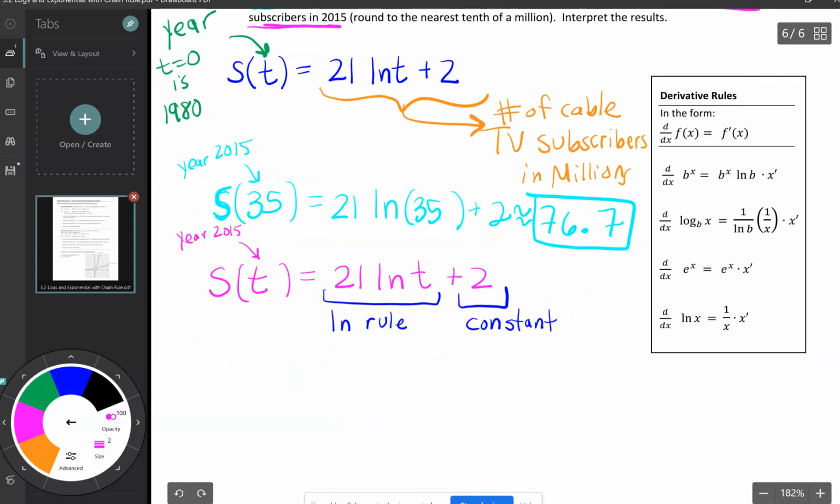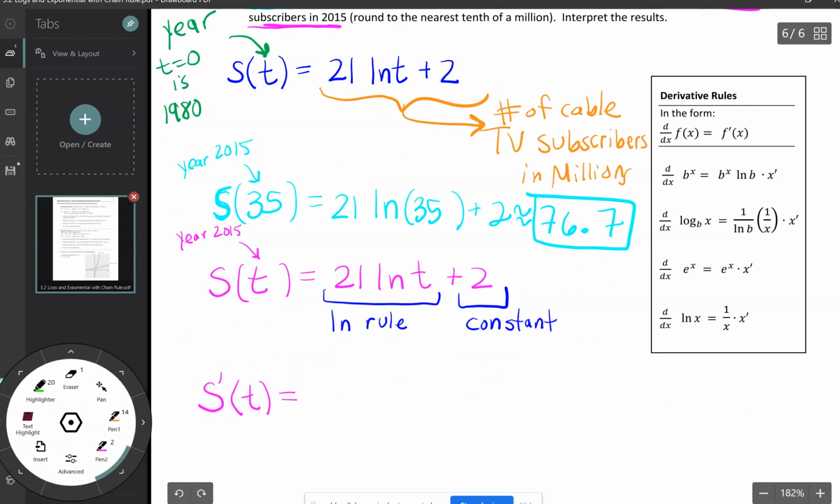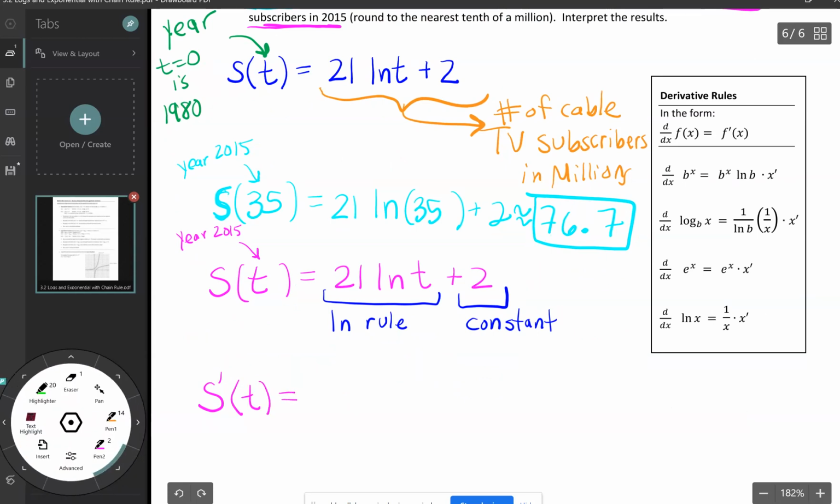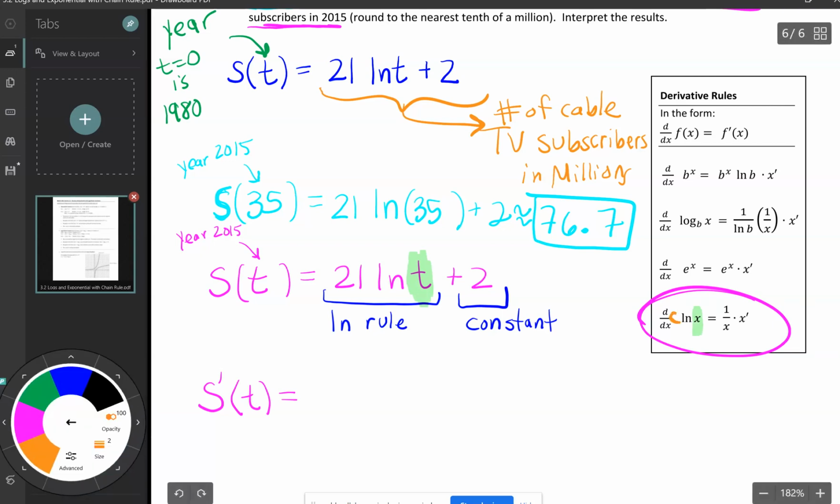So when I go to take the derivative, I'm going to follow my ln rule. It just so happens that my argument is a plain variable. And there's a constant c in front that's going to end up in my numerator.